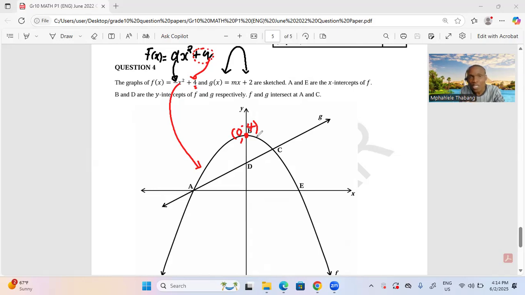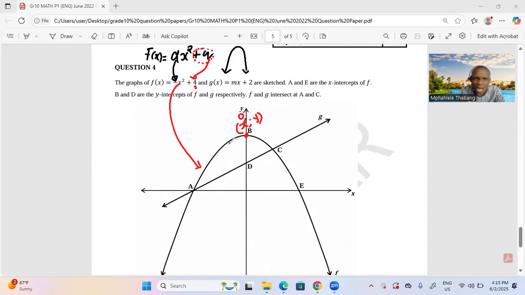Mathematically, when we talk about a point, it must be represented by the x-coordinate and the y-coordinate. So I am saying the point B, which is the turning point, should be represented by the x turning point and the y turning point. Now, because the graph is turning exactly on the y-axis, the x value there is 0. So the x turning point is 0.